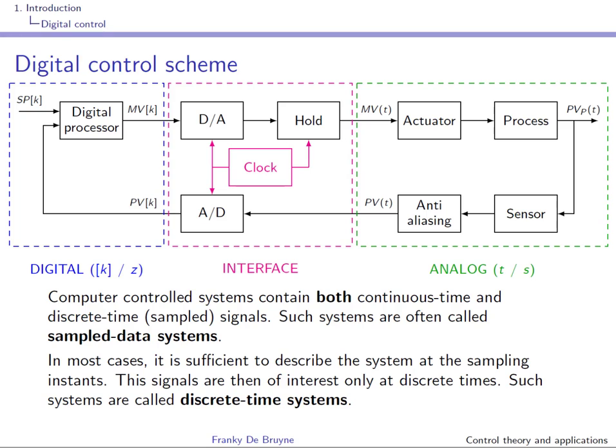Based on PVk and a setpoint SPk, the digital controller produces a manipulated variable MVk. Computer-controlled systems, as you can see, contain both continuous time and discrete time sampled signals. Such systems are often called sampled data systems.